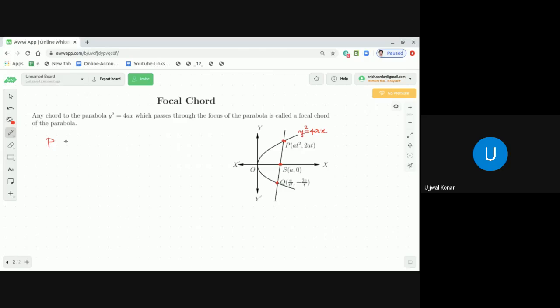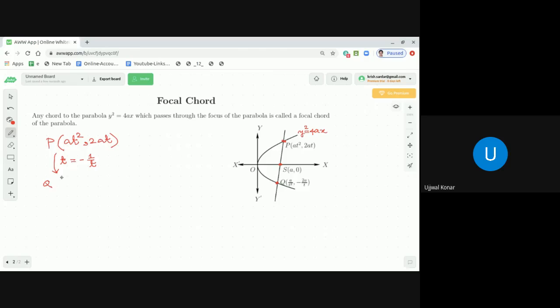Suppose you know the coordinate of the point P as at square comma 2at. How can we find the coordinates of the point Q, the other extremity? Just replace t by minus 1 by t.